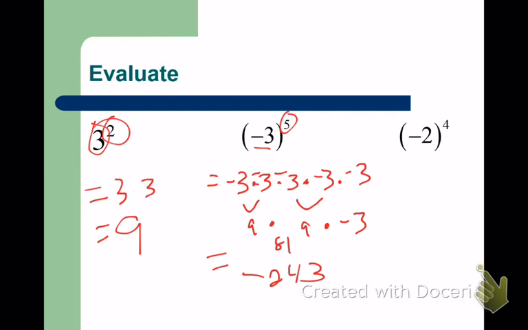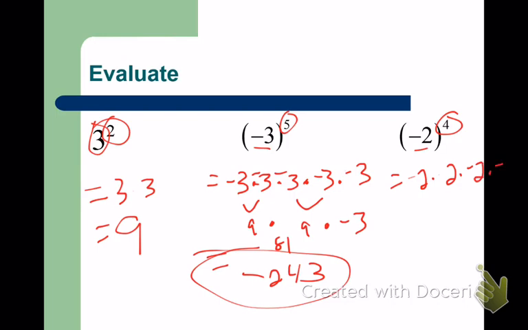Okay? This is negative, whereas if I multiply negative 2 together 4 times, this becomes positive 4, this is positive 4, 4 times 4 is 16, so this becomes positive.